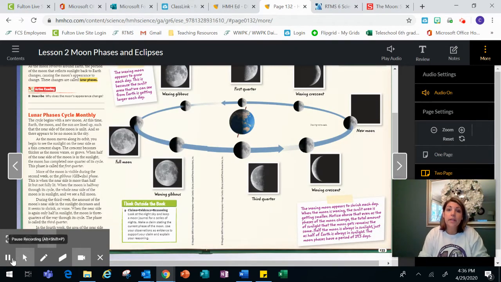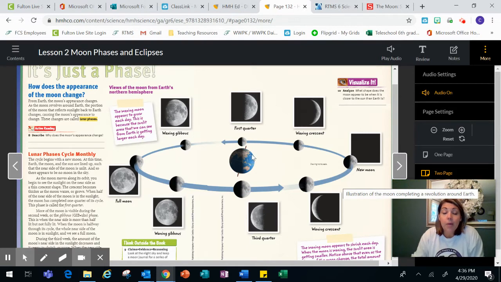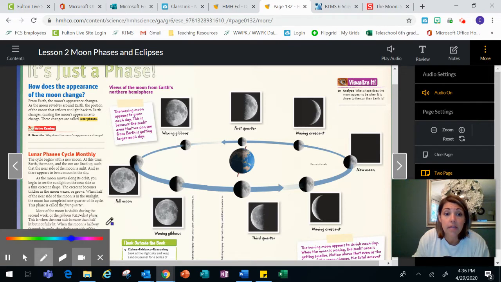All right, so now here on pages 132 and 133, you can see this big diagram of all the moon phases. I want you to notice though, the Earth is in the center, and the moon is revolving around the Earth. If you notice, in each little picture of the moon, half of it is lit up.